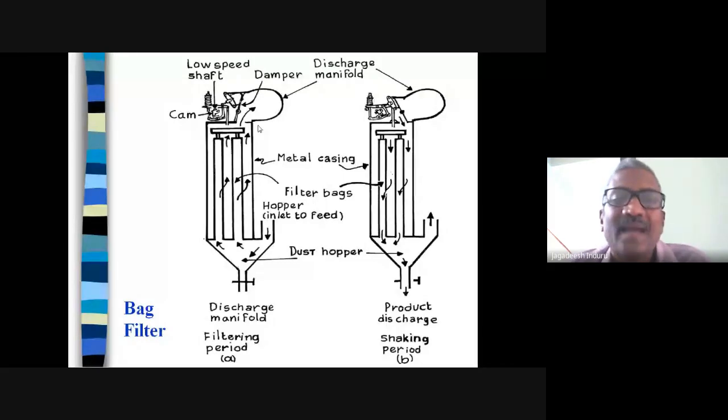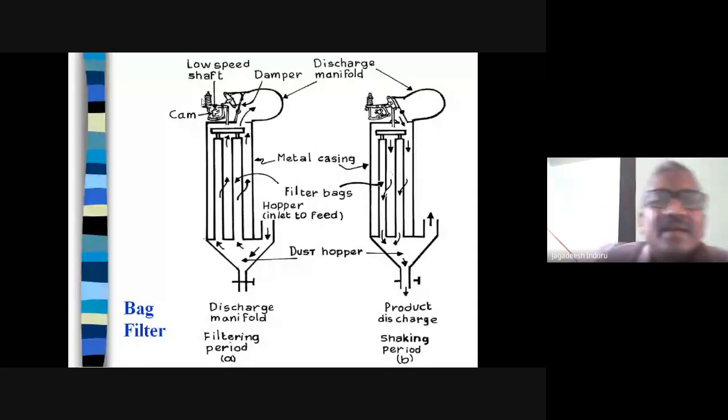The bag filter contains a metallic casing. That metallic casing contains filter bags inside it. On the side it has a hopper inlet, and at the bottom you have a discharge with a valve in it. At the top it has a cam arrangement to allow the air to go out or to stop it from going out. It makes the air either go out or enter in.